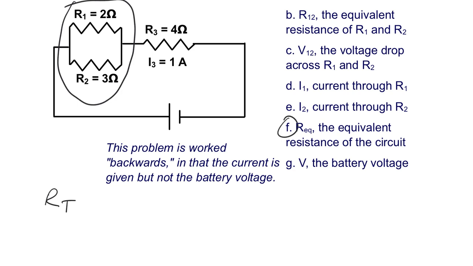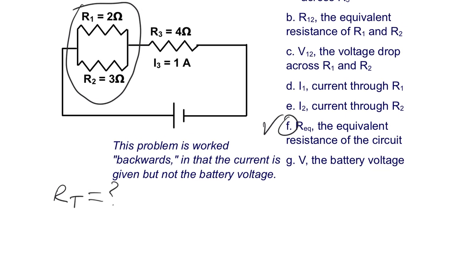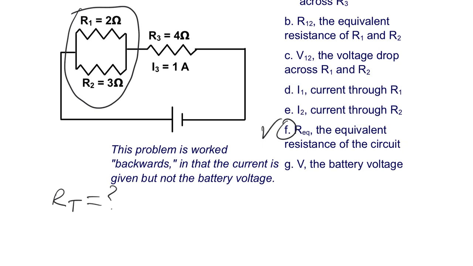So they're asking me that way in letter F. So let's do that first. Okay, so before I can find RT, let's figure out what R12 is, the combined resistance of just that part.